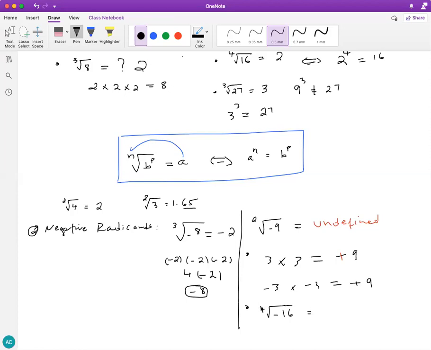As long as this index is even, each two signs will turn into a positive. The result will never be negative. Okay, so here's the rule. If the index is even, that means 2, 4, 6, or 8, you cannot have a negative here. It is not possible. When you multiply a number by itself an even number of times, you will never end up with a negative. So this is also undefined.